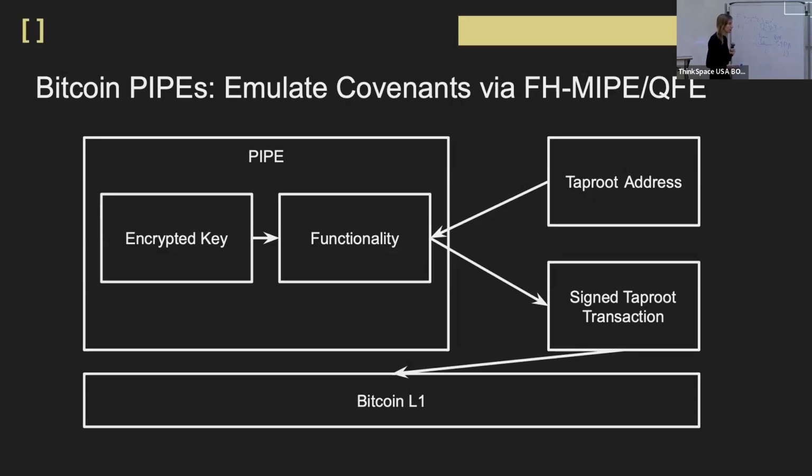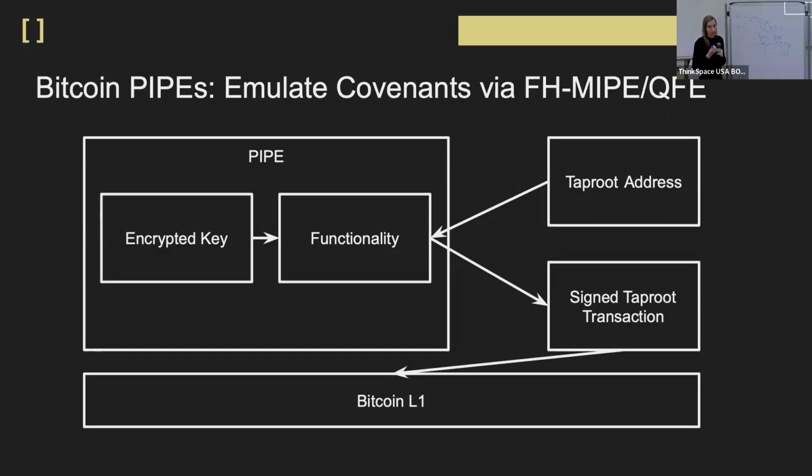Right now, it's pretty obvious that we can do stateless covenants with this. I mean, guys, you're going to hate me, but we can do concatenation. We can do CTV with this, for sure. We can do anything that comes to mind that is stateless, that doesn't require introspecting Bitcoin L1 state.